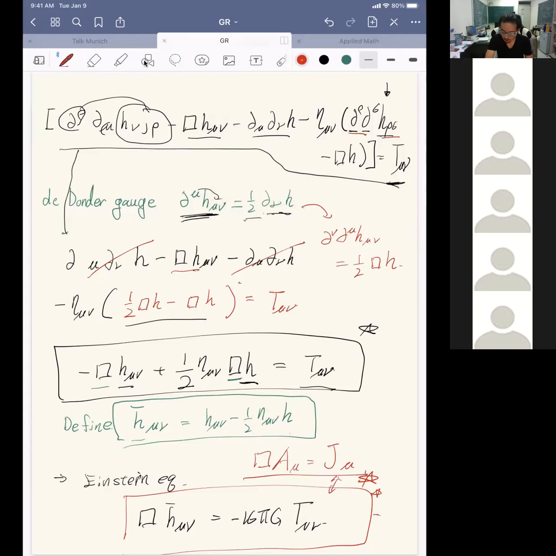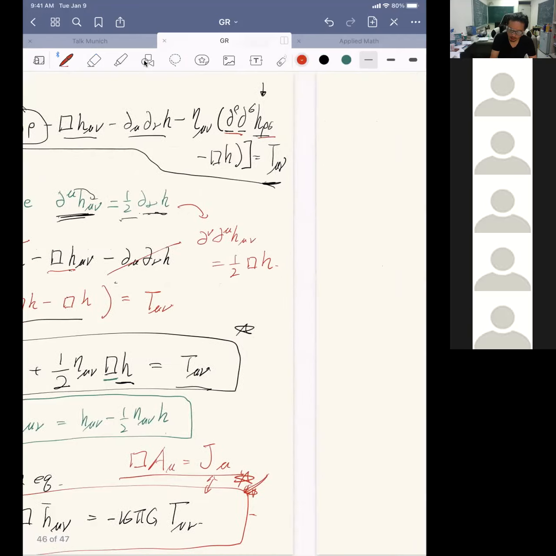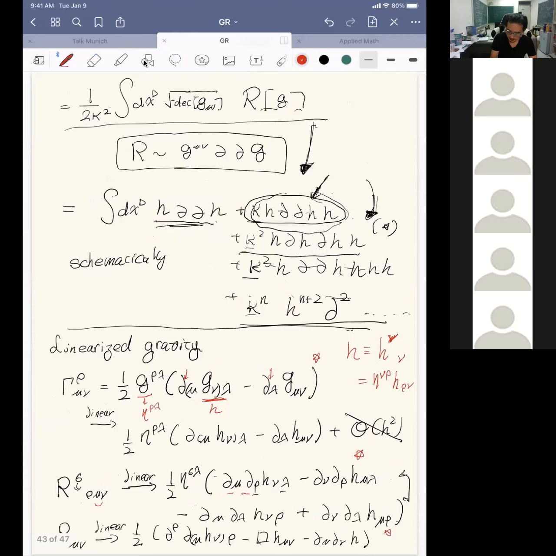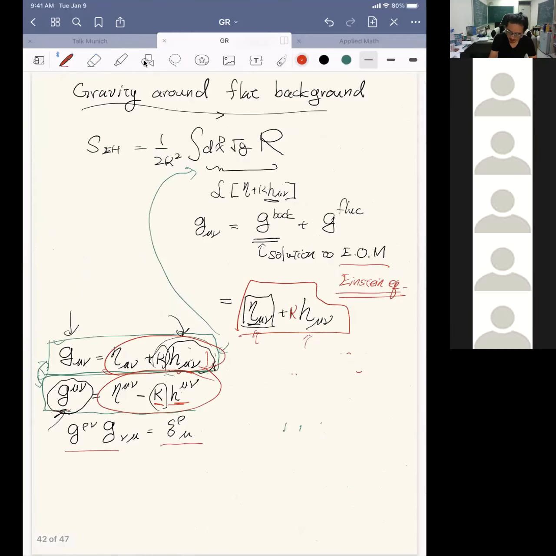Okay, but before we do that, let me just mention some other things that one can do. This is the linearized equation that one can get from expanding out around flat space. Now, of course, we can go back to here and consider another background. For example, we can consider the Schwarzschild background.